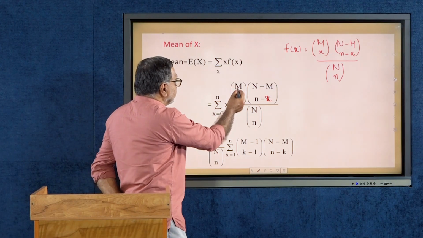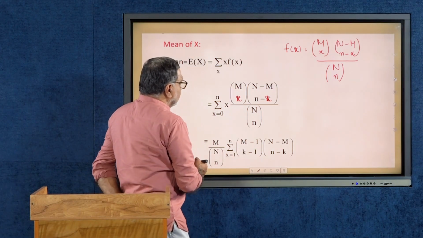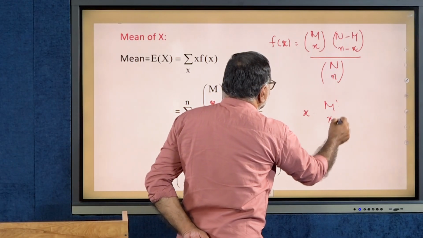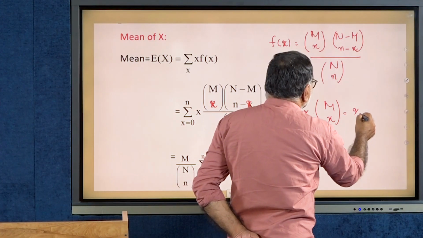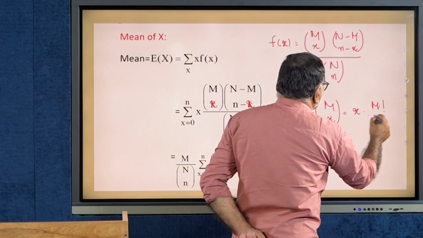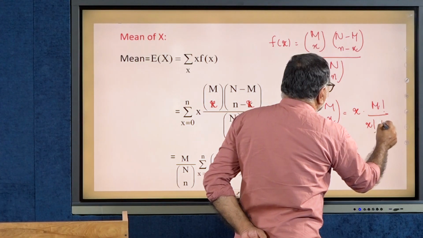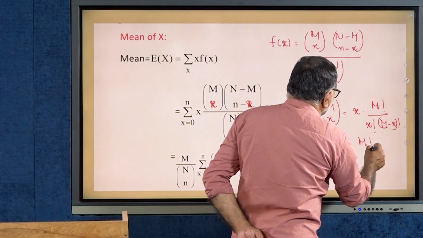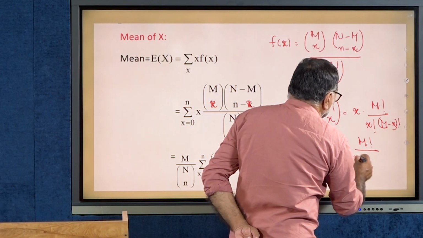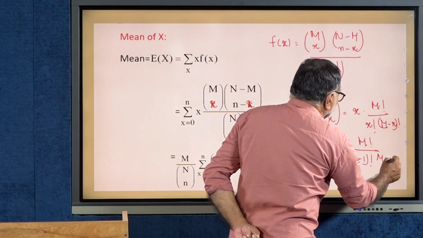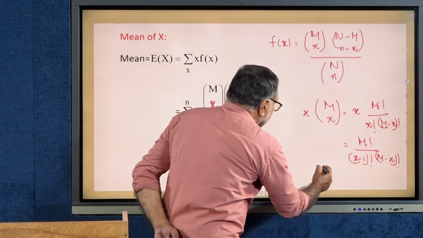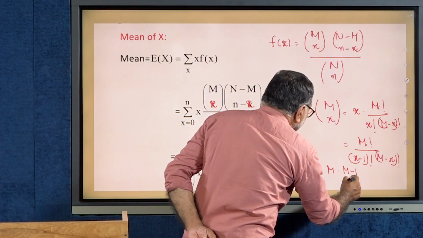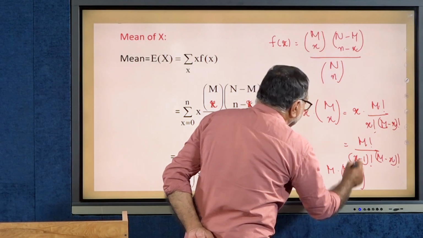Now mCx can be written as x times m factorial divided by x factorial times (m minus x) factorial, or m factorial divided by (x minus 1) factorial times (m minus x) factorial, and that can be written as m times (m minus 1)C(x minus 1).